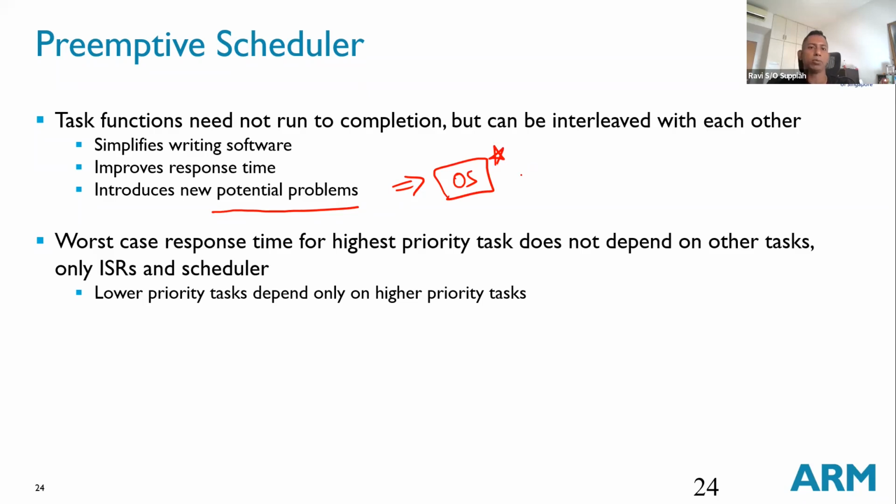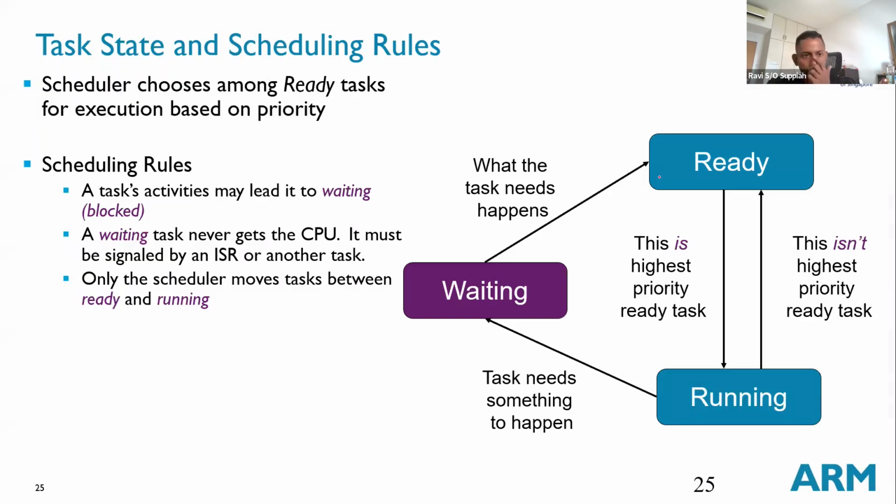It doesn't solve the problems, but it gives us the tools to handle all these problems in a very nice and elegant way. So when we introduce the OS, we also need to make sure that we handle these problems in a nice way using the tools that the OS gives us. That is what we will be studying when we switch to the OS part.